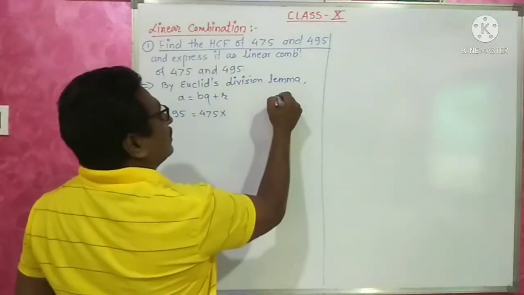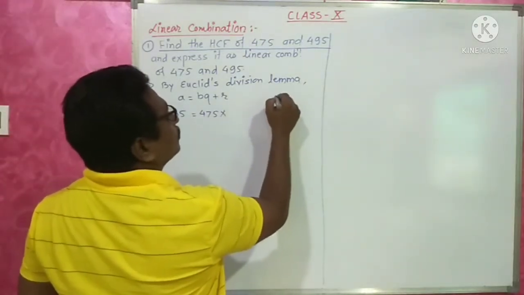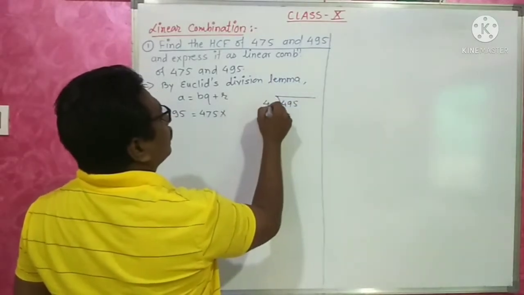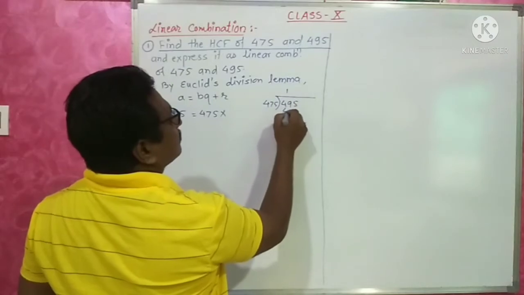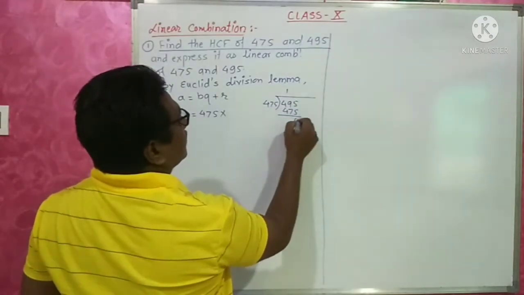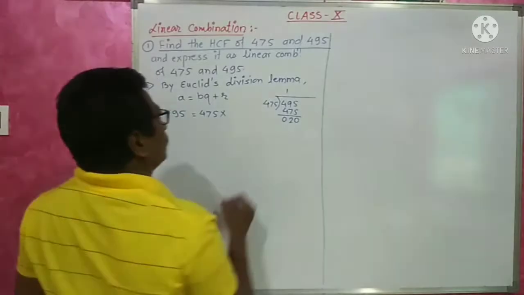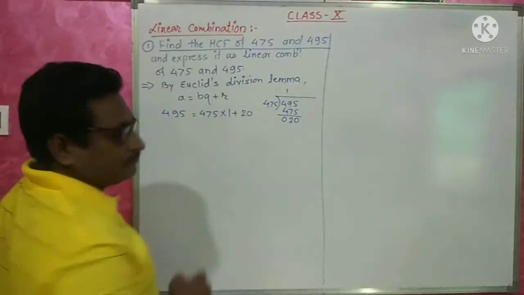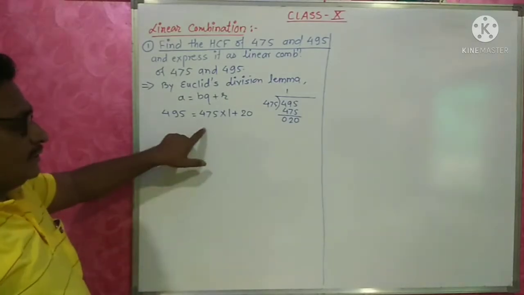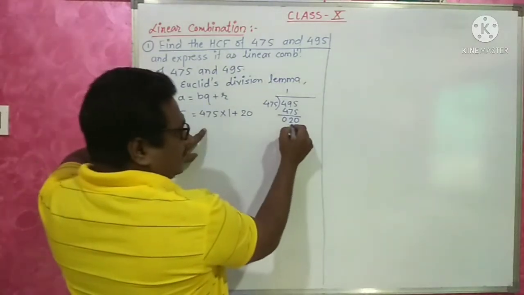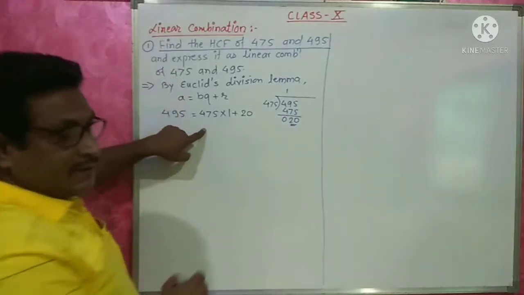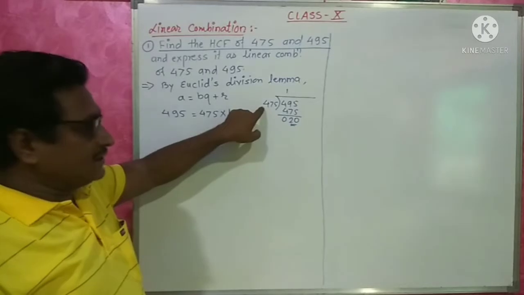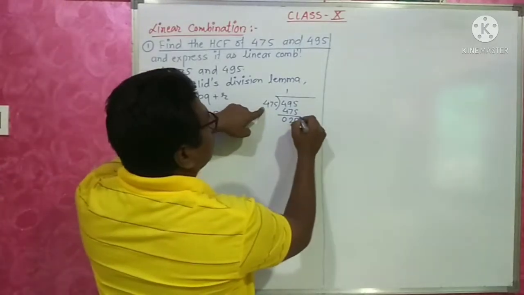Here already I told we have to do it in rough. 495 equals 475 into 1 plus remainder 20. Okay student, now whatever is the remainder, that is the divisor, and whatever is the divisor, that is the dividend.